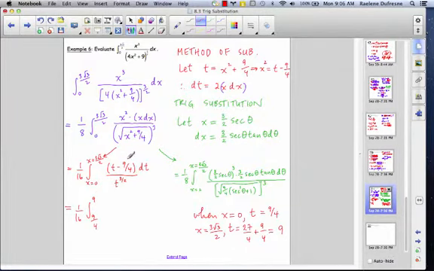T divided by t to the 3/2 is t to the negative 1/2, minus 9 over 4, t to the negative 3/2 dt, and by the power rule, this is a basic antiderivative or integral. So we get 1 over 16 times 2 square root t. This becomes t to the negative 1/2 divided by negative 1/2.